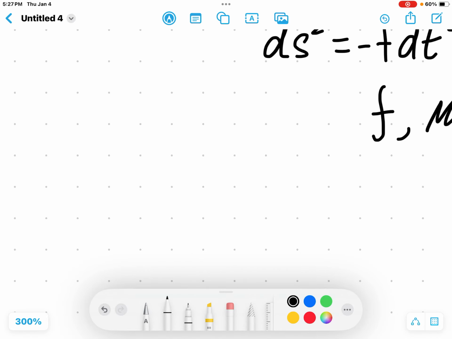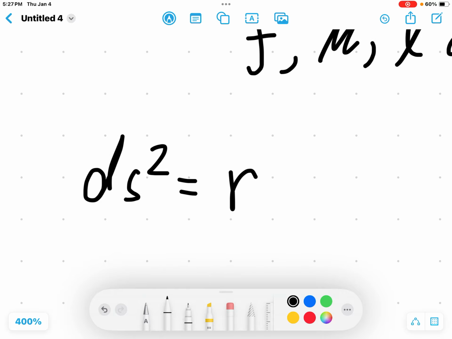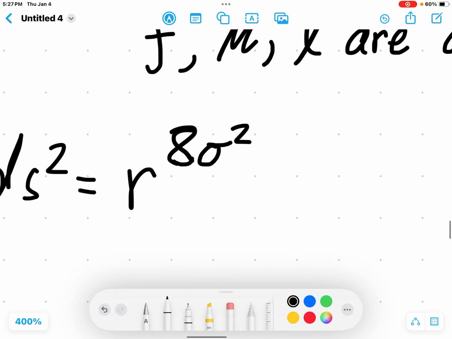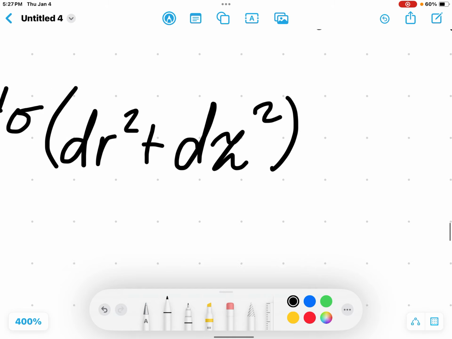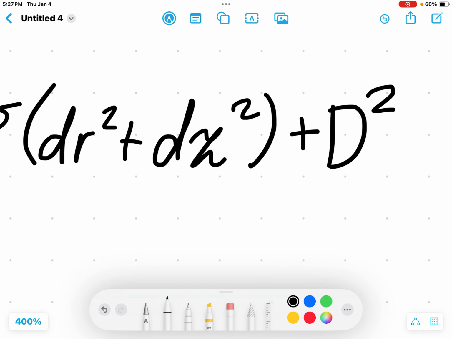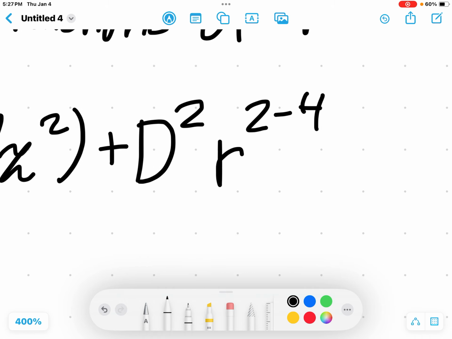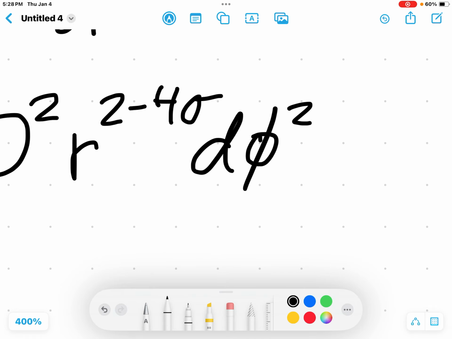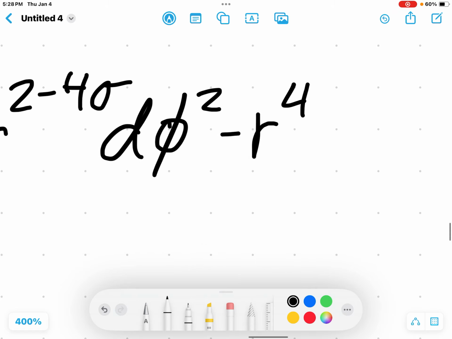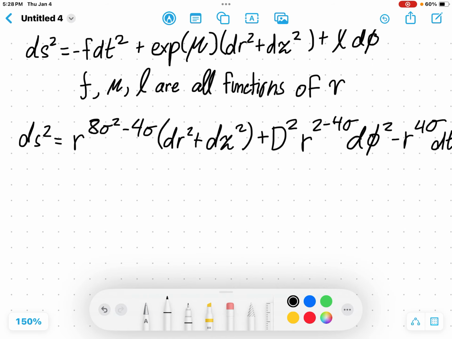So this particular form of the Levi-Civita spacetime is given by this line element: r to the 8 sigma squared minus 4 sigma times dr squared plus dz squared, plus d squared, the diameter squared, r to the 2 minus 4 sigma d phi squared, minus r to the 4 sigma dt squared, where sigma is also another constant and d is the diameter.